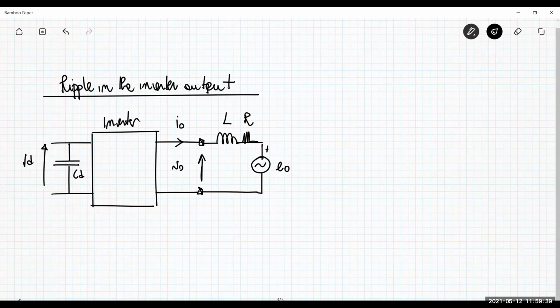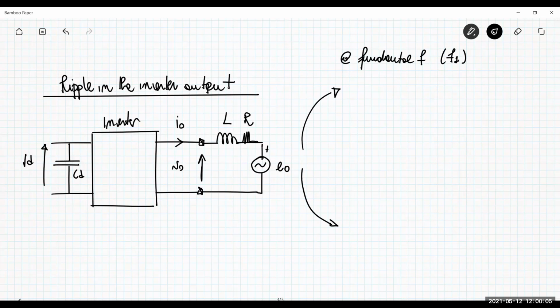So we can separate this discussion, including again two different circuits in order to analyze the ripple. One circuit is now not at DC, but at the fundamental frequency. So this is the circuit at fundamental frequency F, which we have called so far F1.